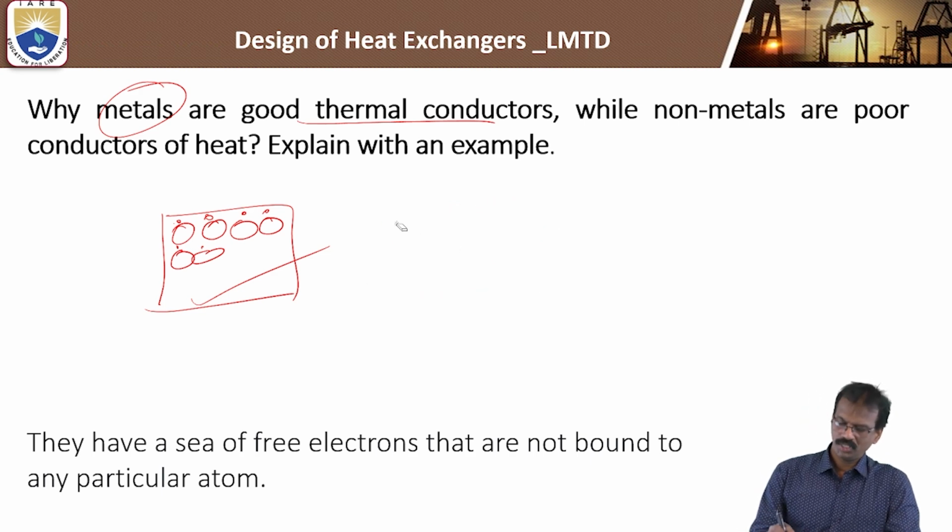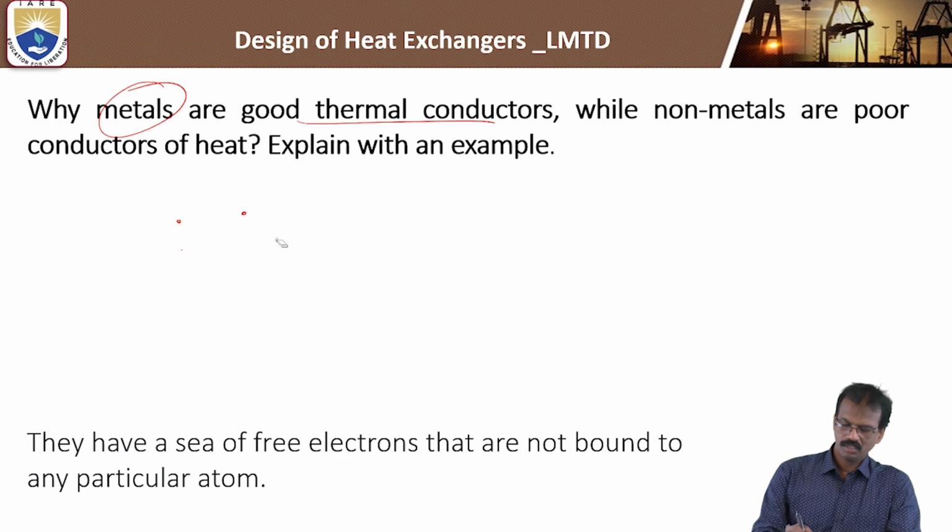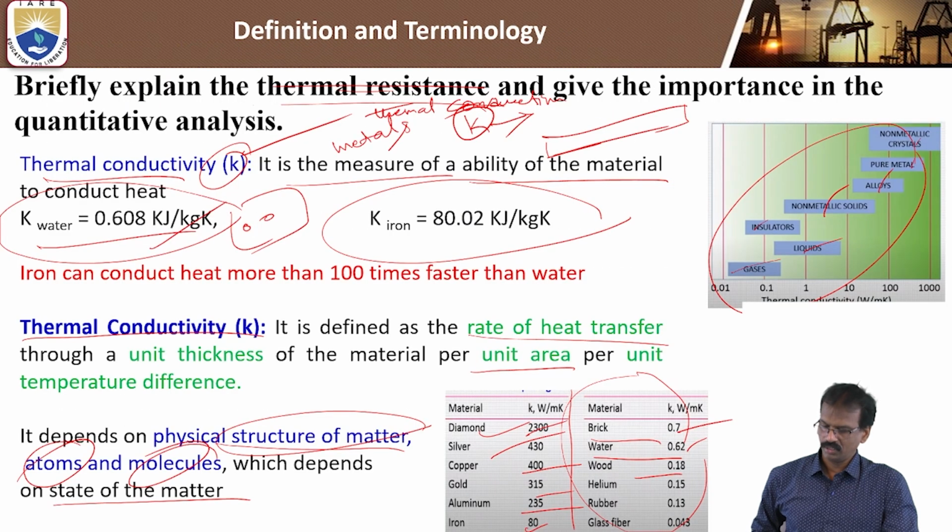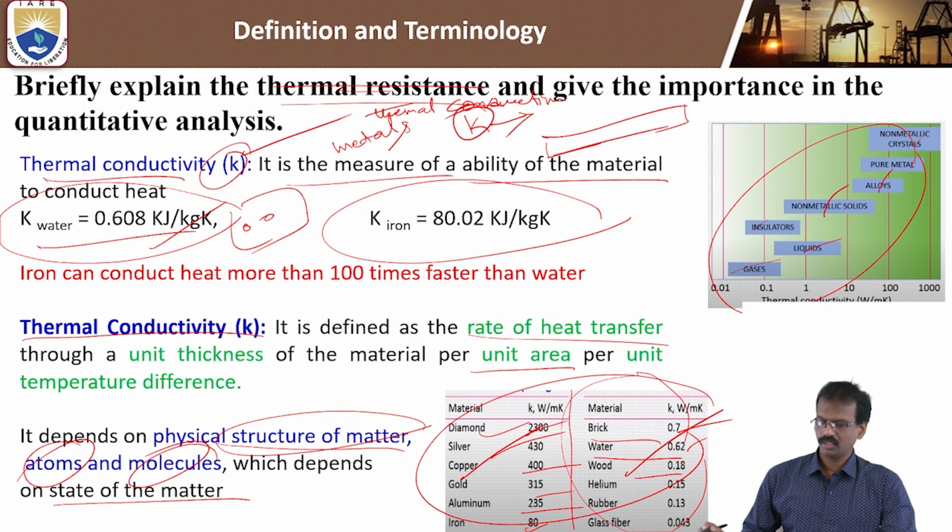Examples of good and poor conductors are given here. These are the good conductor materials: diamond, silver, copper, gold, aluminum, iron.